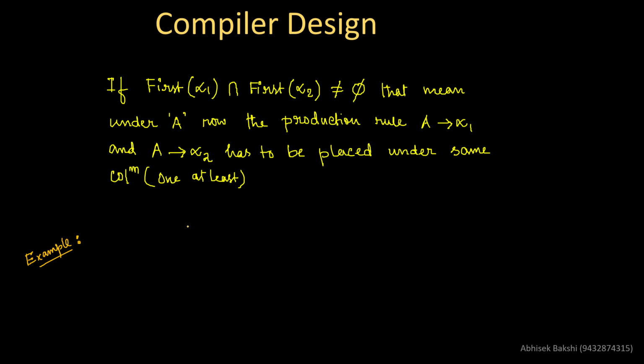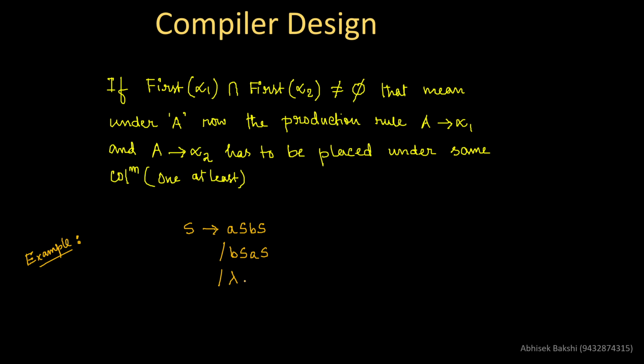We have a grammar like this: S to AS BS, or S to BS AS, or lambda. You see, I have three possibilities from this S. So you can assume that AS BS is alpha 1, BS AS is alpha 2, and this is alpha 3.